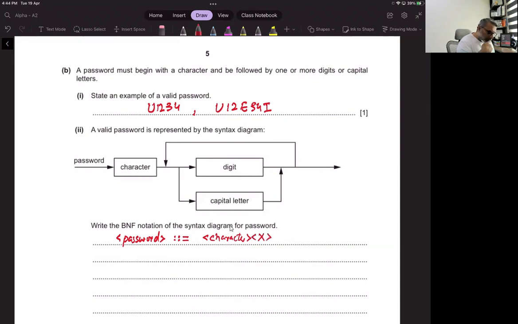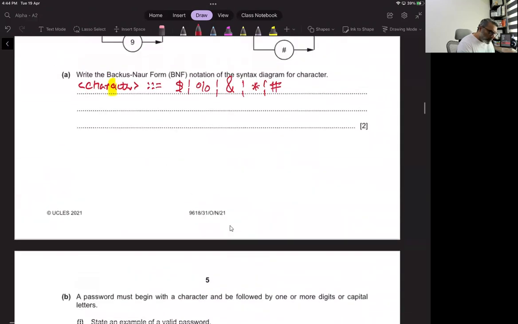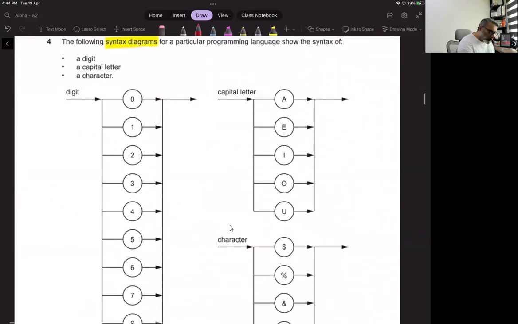X is defined as a digit or capital letter or digit.